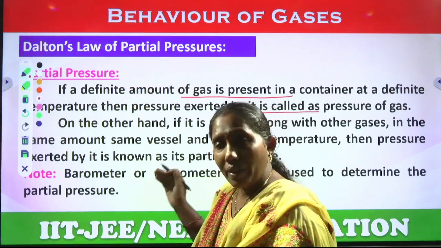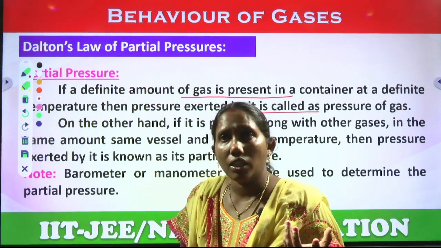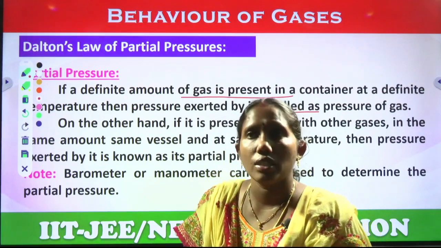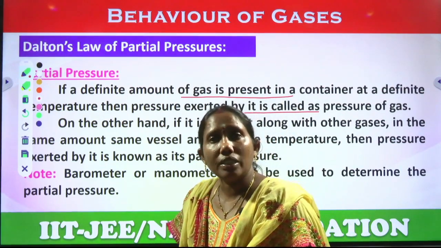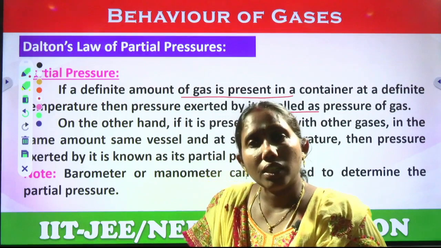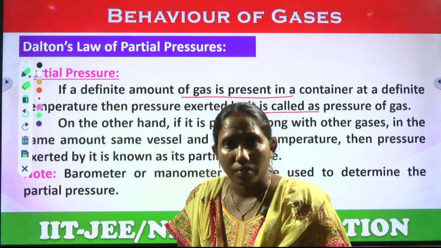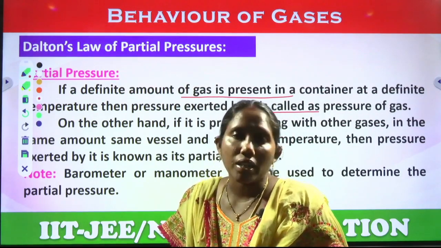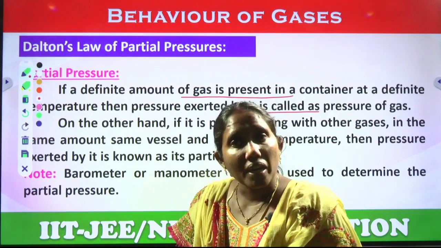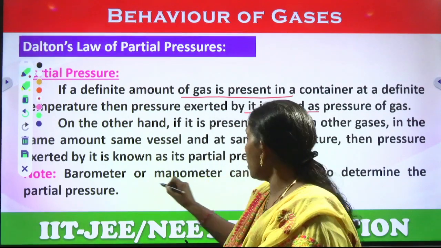To measure this, generally while starting the behavior of gases we discussed the barometer and manometer. A barometer is used to measure the pressure of the atmosphere. To measure the pressure of a gas we use the manometer.